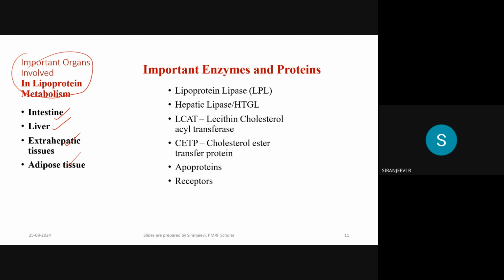The important enzymes, if you see, are lipoprotein lipase, which forms the free fatty acids from the triacylglycerol to glycerol and then free fatty acids. Then hepatic lipase will be there, and LCAT, which is the lecithin cholesterol acyltransferase.